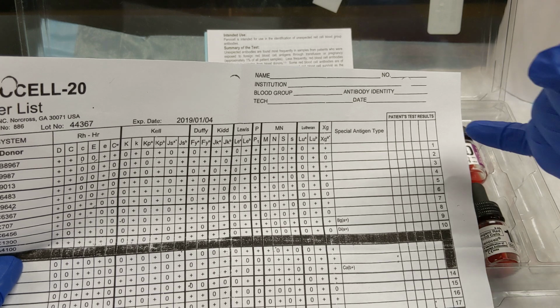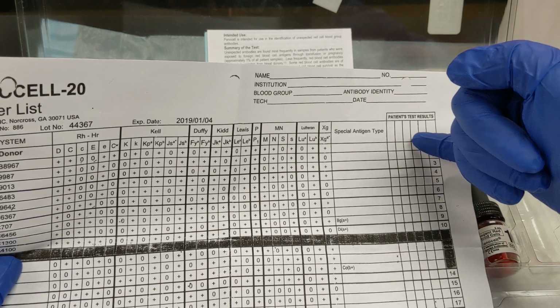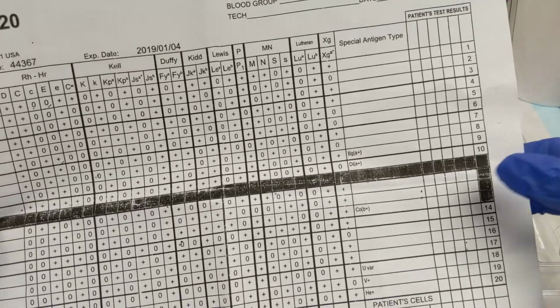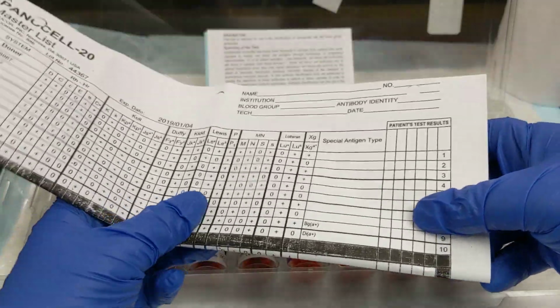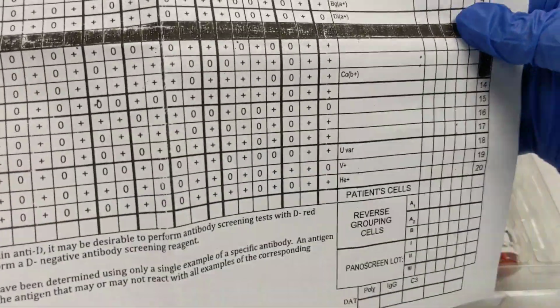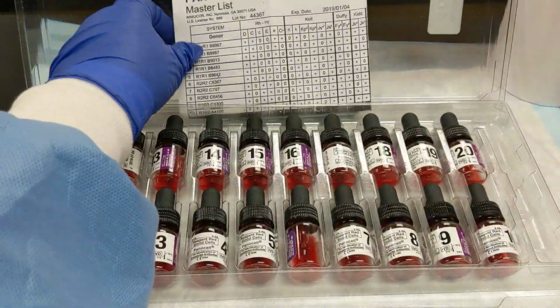And if that reaction occurs, then you would mark that in the fourth column for check cells. Refer to your laboratory information if you have any other questions regarding antibody identifications.